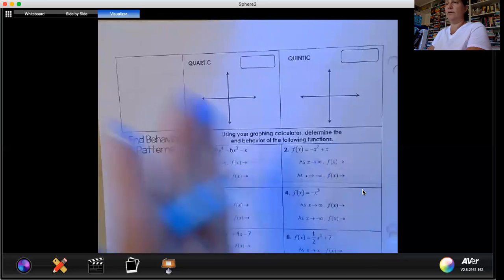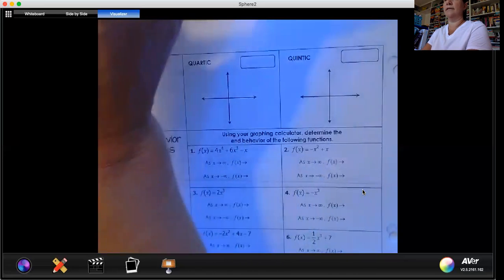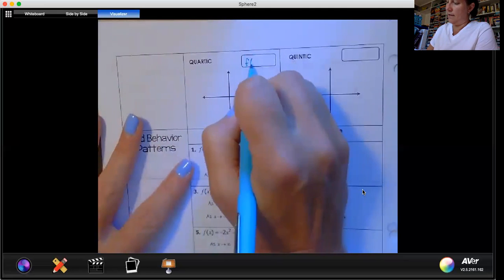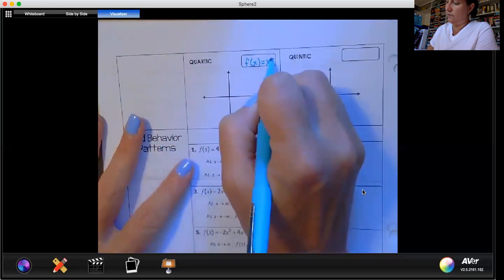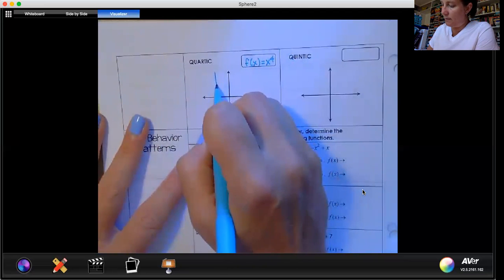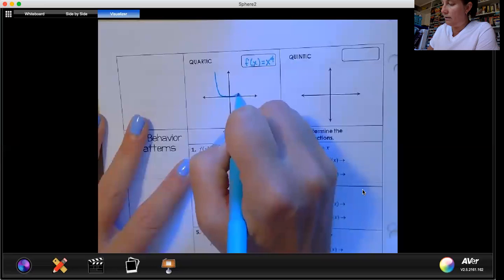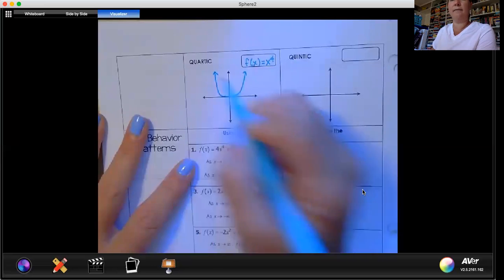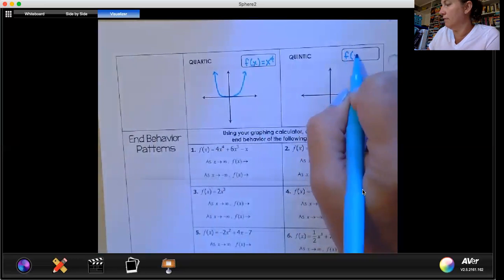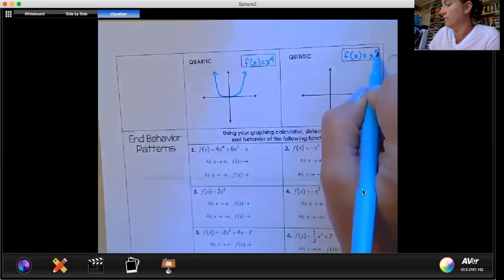A quartic function is going to touch the x-axis at most 4 times. F of x equals x to the 4th. And it typically looks like a parabola, but the bottom is a little bit flatter because it does cross so many times there in the middle. And then a quintic function, f of x equals x to the 5th.